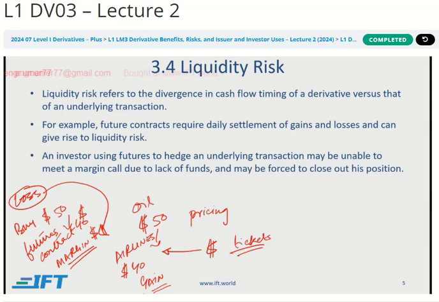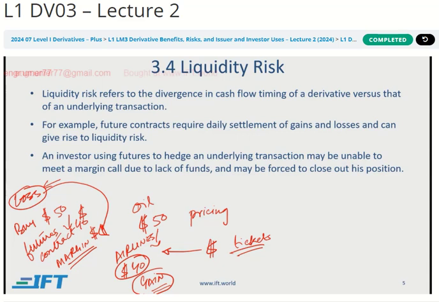It's not necessary that they have the extra cash lying around, because this gain they're going to get next season, whenever they actually go and buy the oil at the cheaper price. Right now this loss is there, and they have to come up with the cash from somewhere and deposit it, otherwise this futures contract is going to close forcibly.